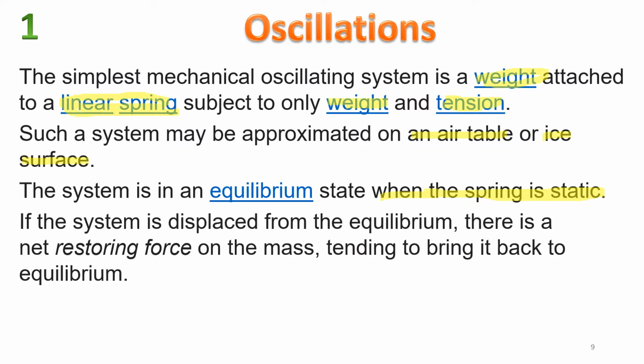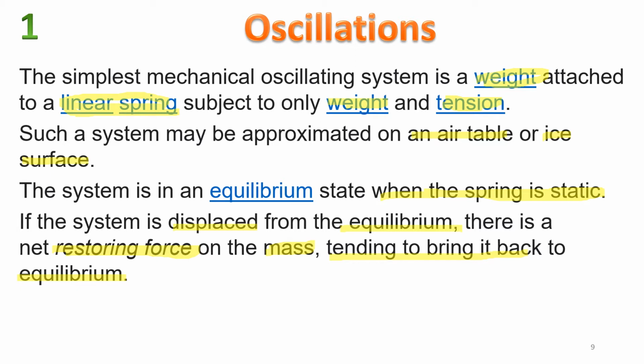If the system is displaced from this equilibrium position, there is a net restoring force because of the spring on the mass attached, tending to bring the system back to equilibrium.